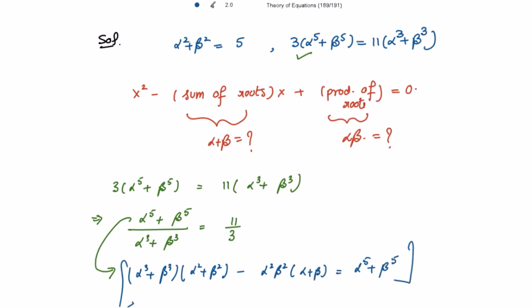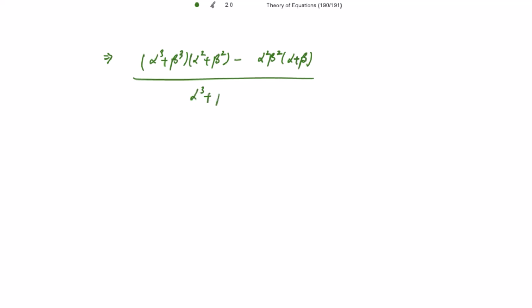Please note this. So in the numerator we are writing alpha cube plus beta cube into alpha square plus beta square minus alpha square beta square into alpha plus beta, for alpha to the power 5 plus beta to the power 5, divided by alpha cube plus beta cube equal to 11 divided by 3.